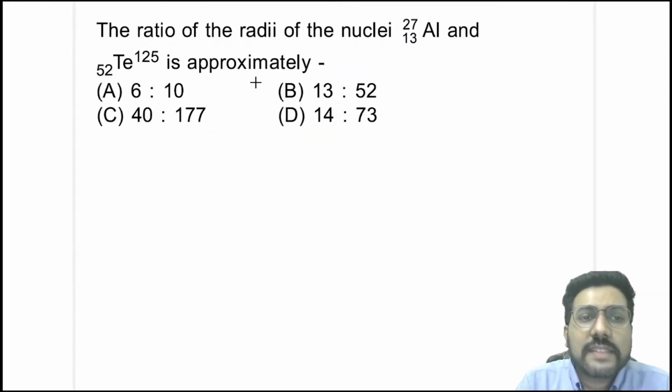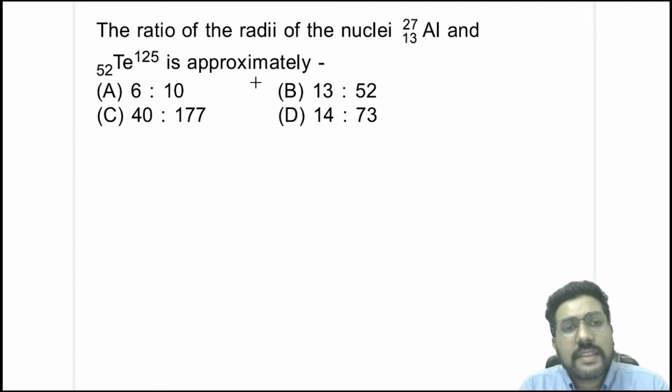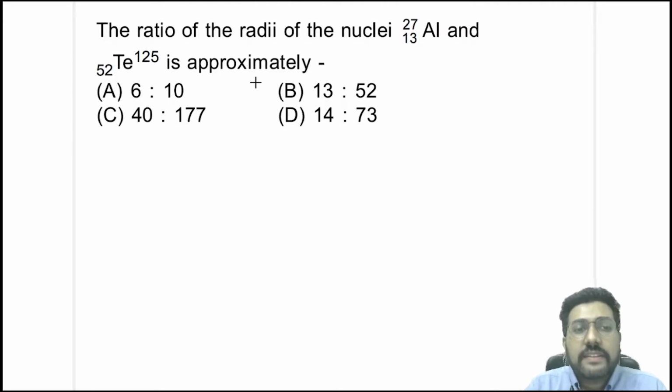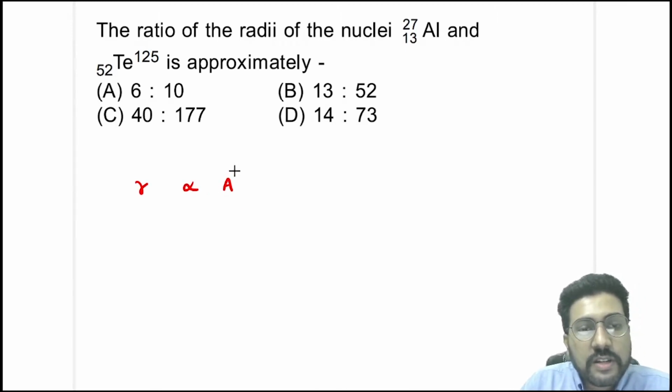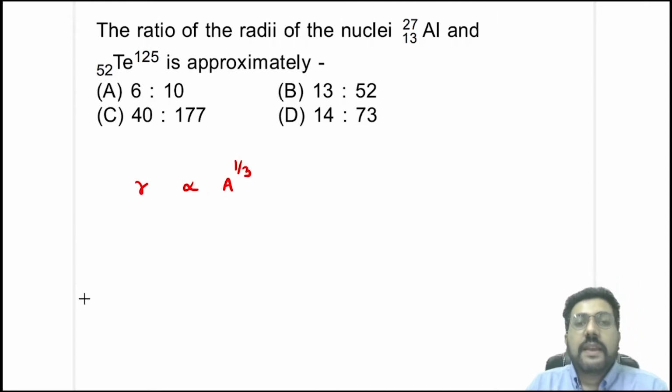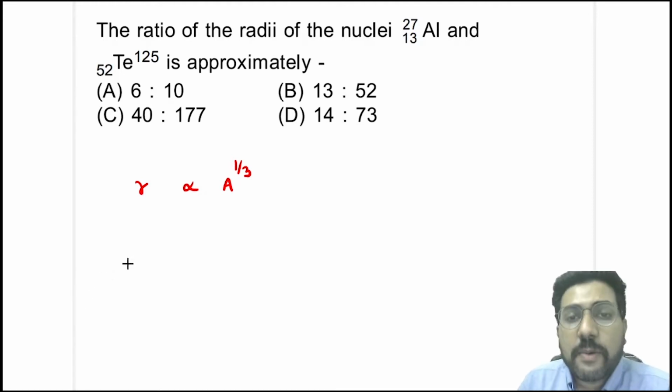Now look at this simple question. They are asking what is the ratio of the radii of the nuclei Al 13-27 and tellurium 52-125. You know that the radius is proportional to the atomic mass number to the power 1 by 3.